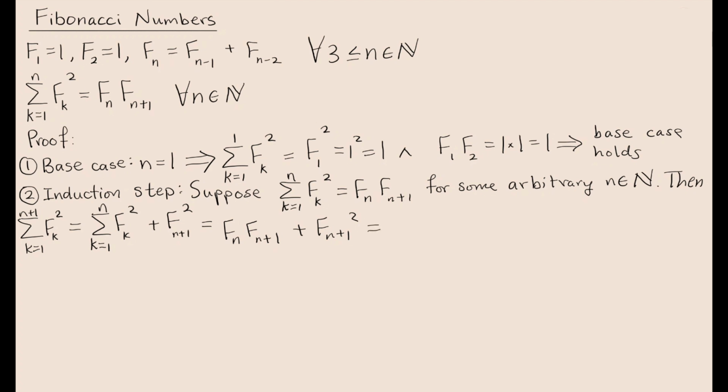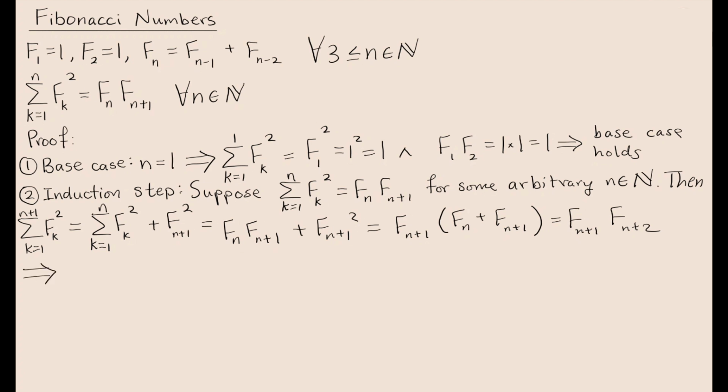And this, if I factor out f_{n+1}, I'll get f_{n+1} times (f_n + f_{n+1}). But this part right over here is equal to f_{n+2}, because by our definition of the recursive relationship of the Fibonacci numbers, these two terms give us f_{n+2}.